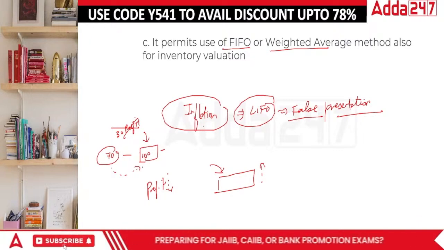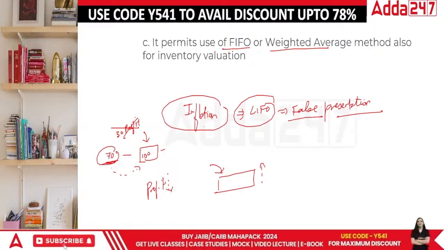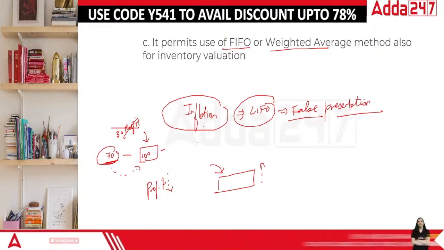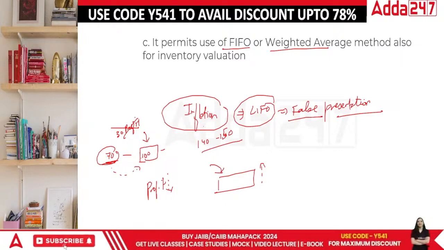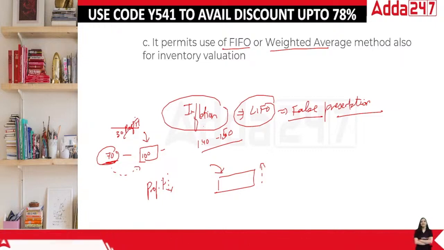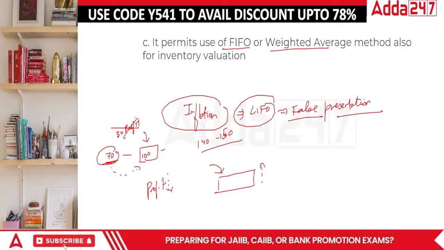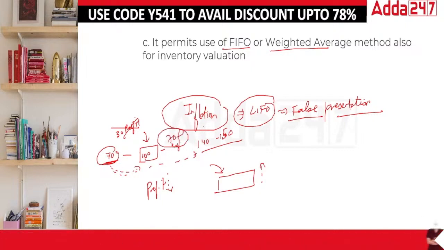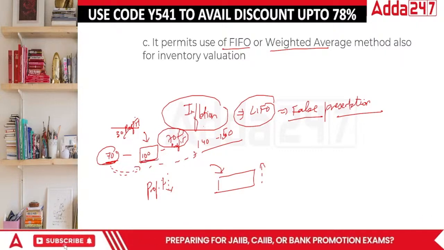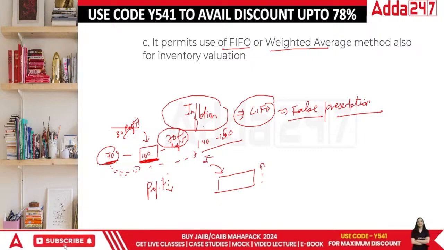But technically what happens? We will always use the 70 one first, because if inflation is there, I will sell it at least at 140 to 150. Only then I'll make a profit, because currently if I'm buying the goods it is at 100 rupees and sale would be at a higher price. So technically if I'm selling the 70 stuff, your profit is of 70 plus, while the goods value is of 100 rupees currently, and you'll be showing that the profit is just rupees 40.